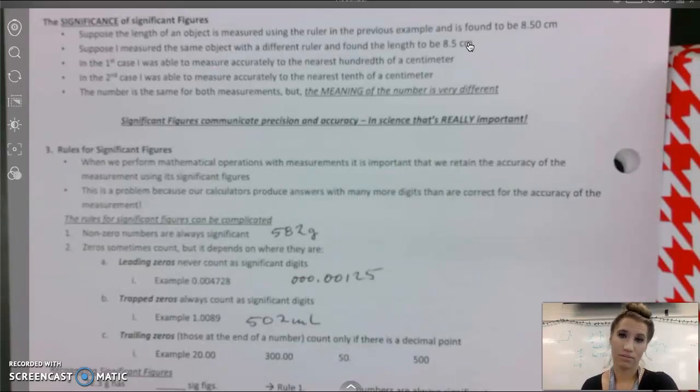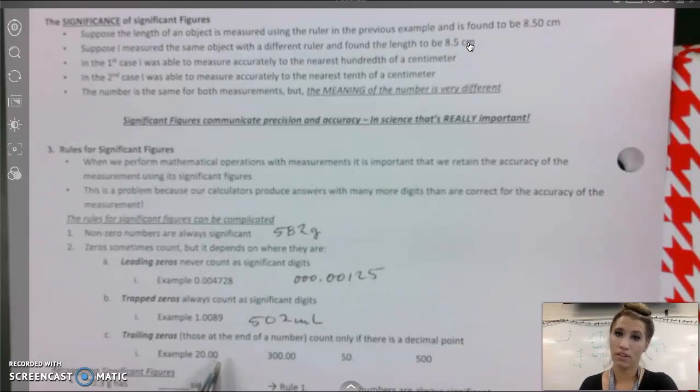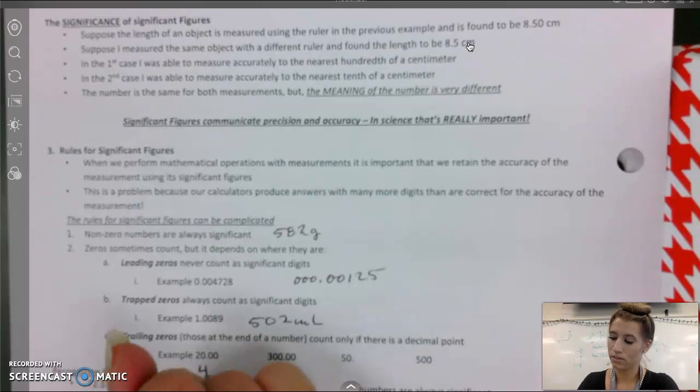Now trailing zeros are significant when there's a decimal place. But if there's not a decimal place, then they are not significant. So here we have 20.00. Because there is that decimal, all of these trailing zeros are significant. So we have 4 sig figs here.